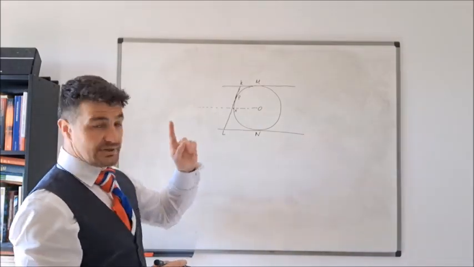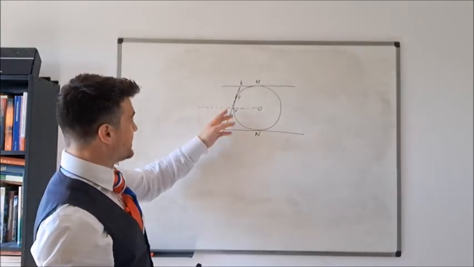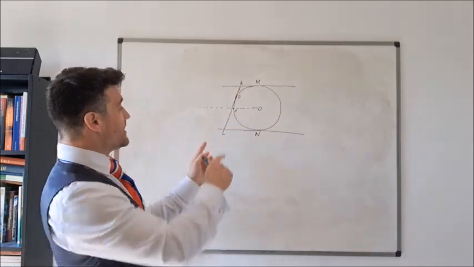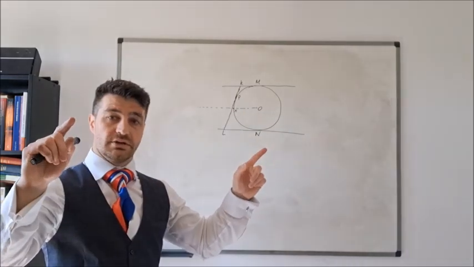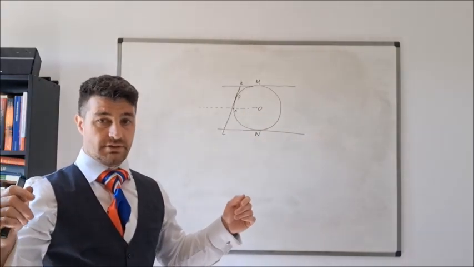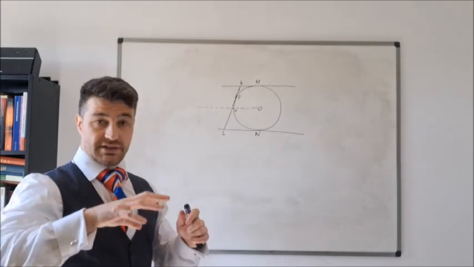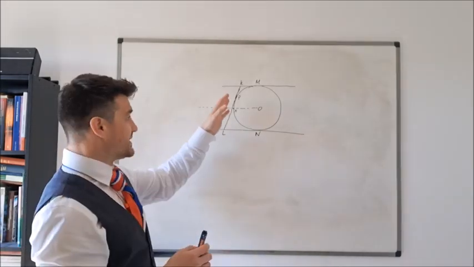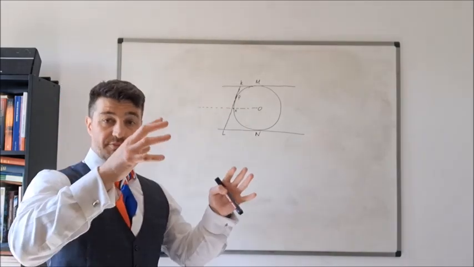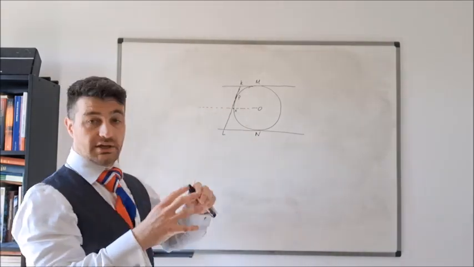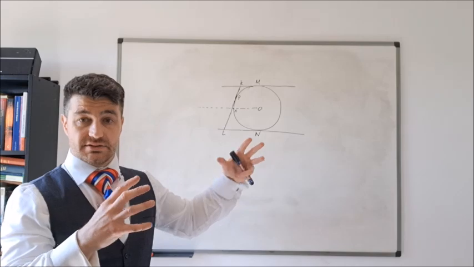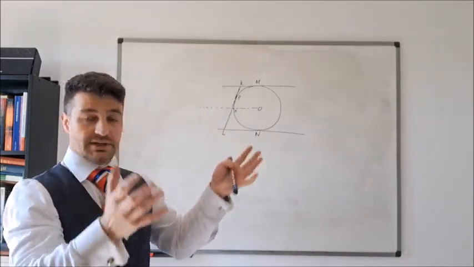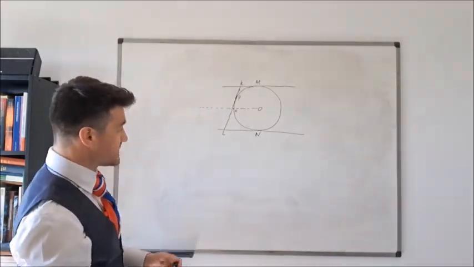So I claim, and I'm going to prove later on, that as P moves from X to M, the length of KL will get longer and longer. So the circles that we can draw that pass through O with diameter KL are going to be of different diameters, or different radii. They're going to be all different sizes.